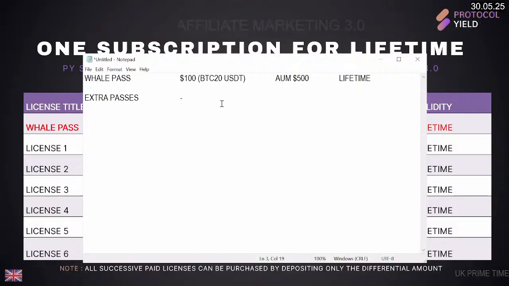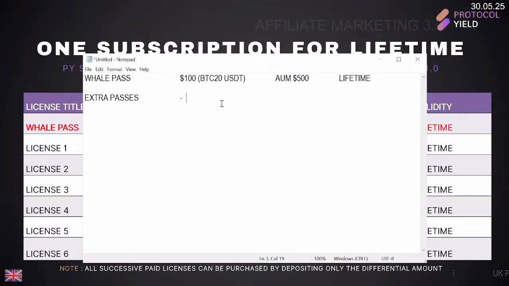So all the extra whale passes which you guys have purchased, you now can confidently stand in the market and say that you are offering the lowest subscription of Pi, and these whale passes can be transferred, right? So this was your chance, your opportunity to encash or cash out BTC20 USDT for yourself, for your teams, right? Now people will seek whale passes, $100 subscription to Pi. So you now have a unique advantage.